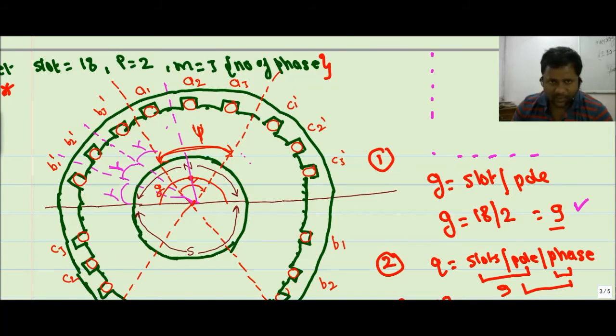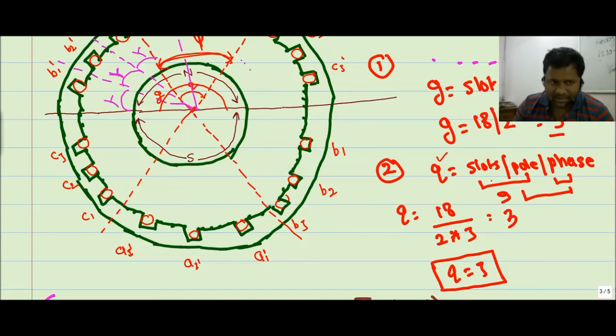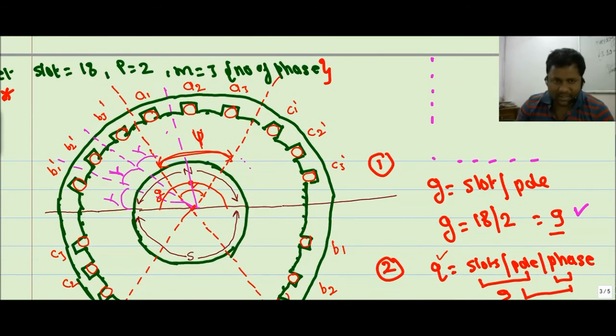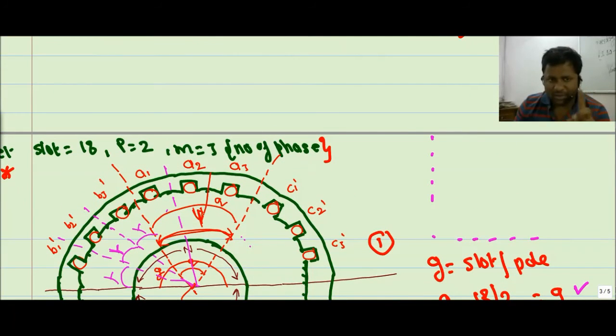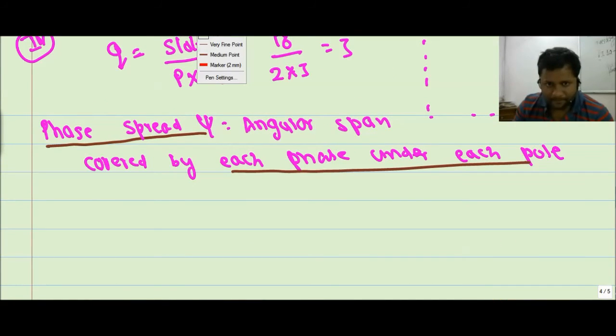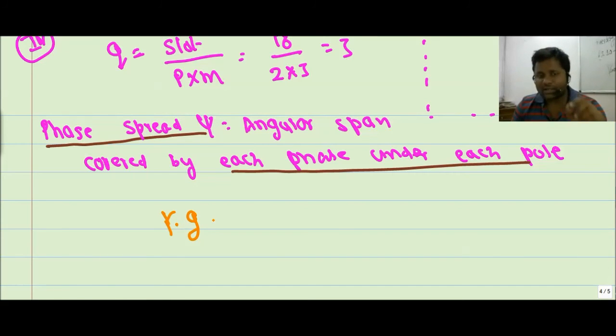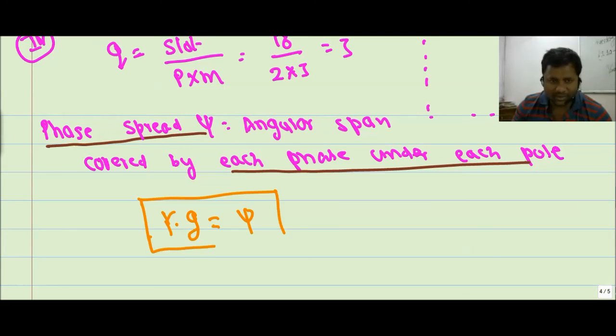This is the distance. G is slots per pole, and Q is slots per pole per phase. If we multiply gamma by Q, it should be equal to xi. This is the next relation.